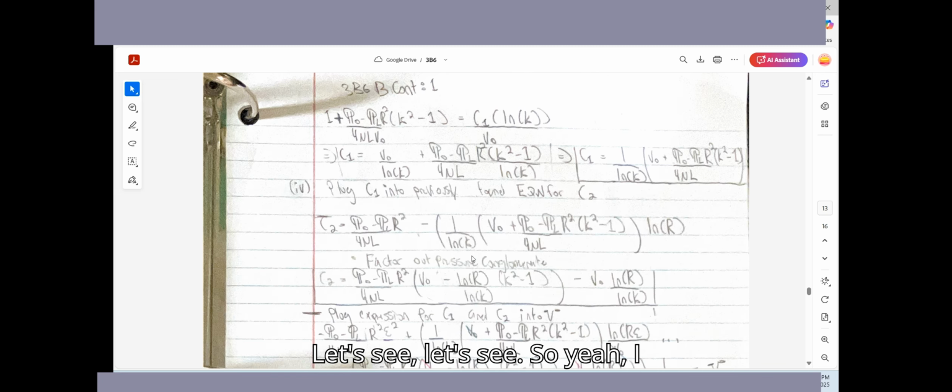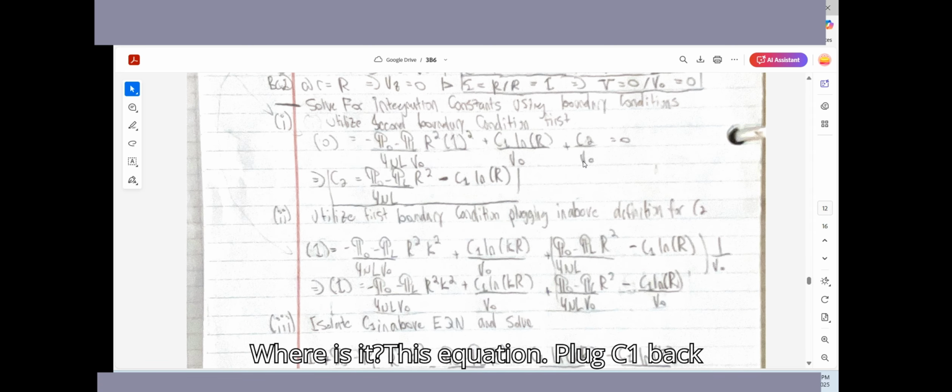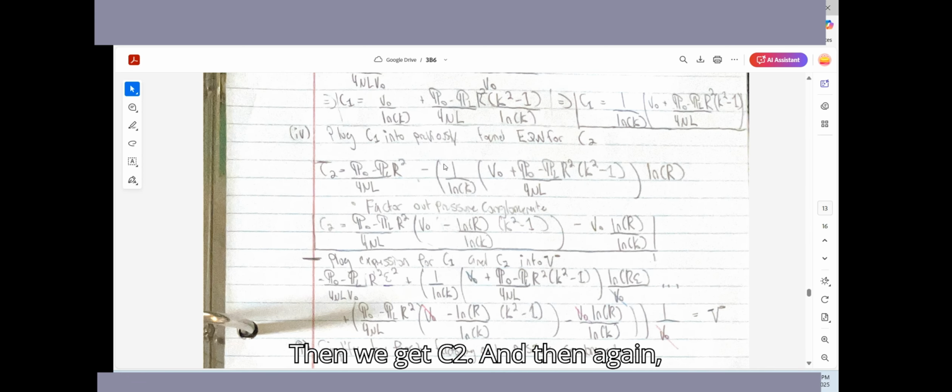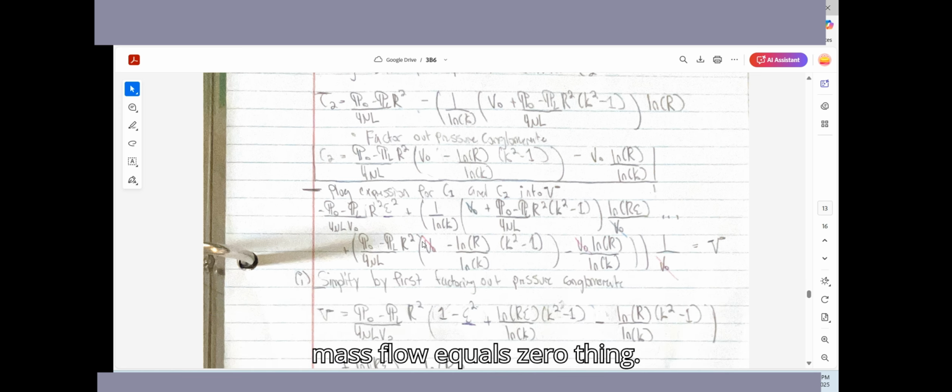So yeah, I eventually solve for C1 in a somewhat decent looking form. And then we plug C1 back into the equation from earlier, this equation, to solve for C2. Then we get C2. And then again, factoring out this pressure conglomerate just to make it look better, so when you integrate it, it makes it easier later with the mass flow equals 0 thing.